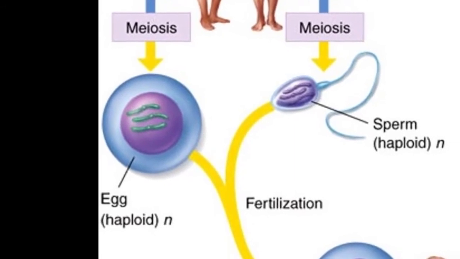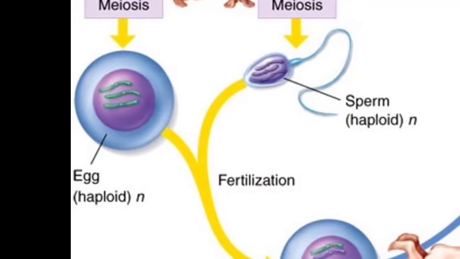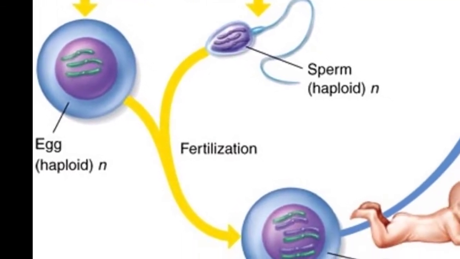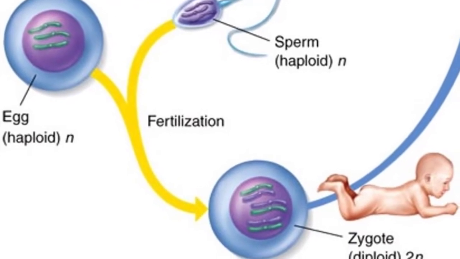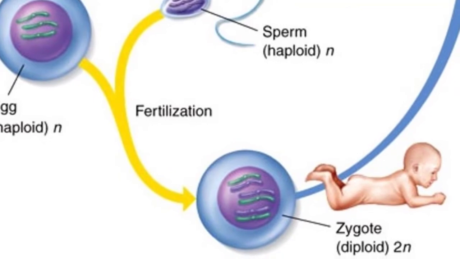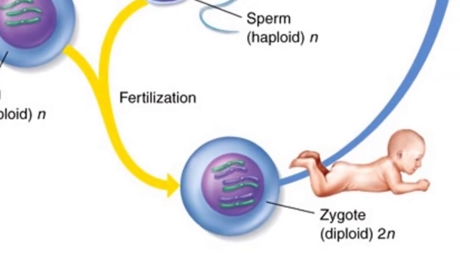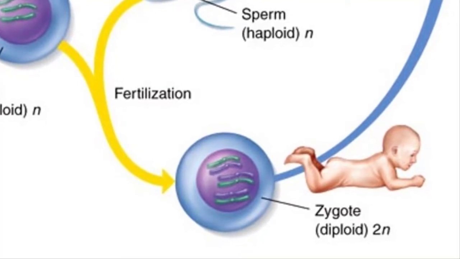When the 2 haploid cells meet, when the sperm meets the egg, fertilization can occur. We now have a new diploid organism that contains 1 set of chromosomes from the egg and 1 set from the sperm. This diploid is a unique combination of genes, hitherto unseen, and forms the zygote that will eventually develop into the baby.